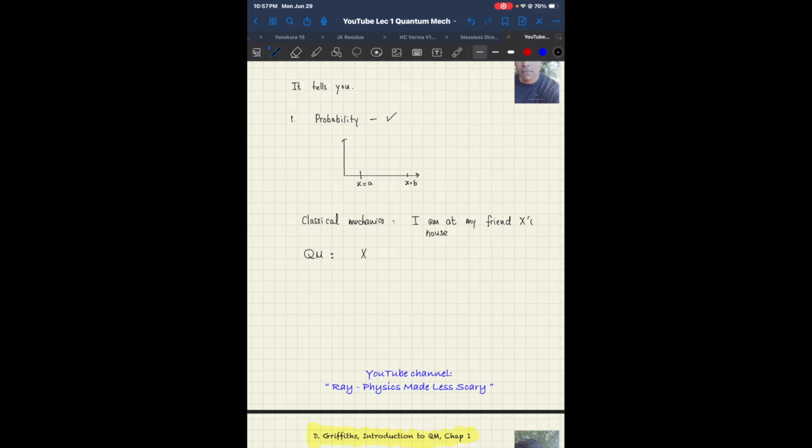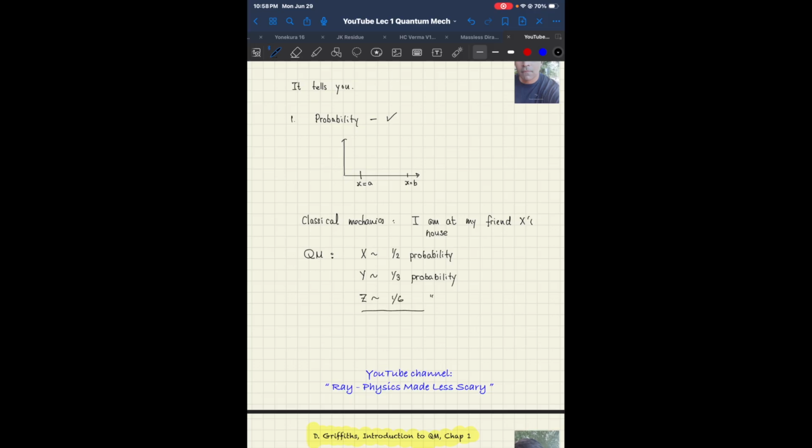You tell her that you are at your friend X's house with, say, half probability. Of course, we know that probability has to be less than or equal to 1. At your friend's house Y with, say, 1/3 probability, and at your friend's, say, Z with 1/6 probability.